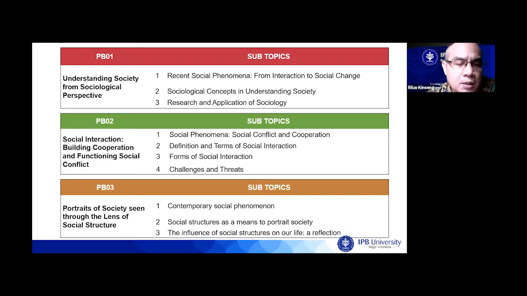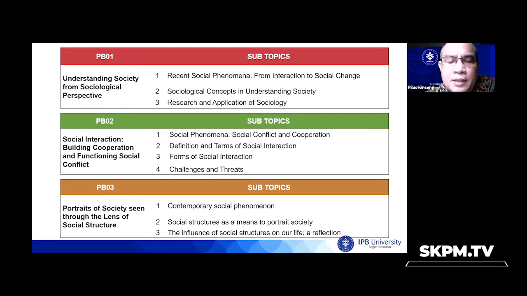And then the week after, we're going to discuss the portrait of society seen through the lens of social structure. This also consists of 3 subtopics, namely contemporary social phenomena, social structures as a means to portray society, and then the influence of social structures on our life reflection. That will be the 4th week.